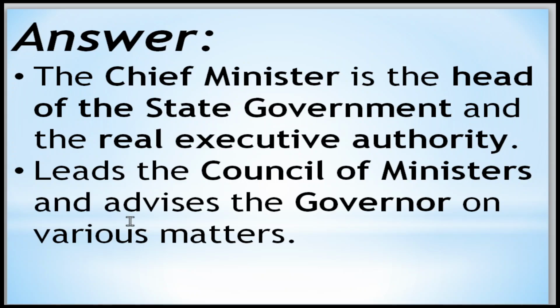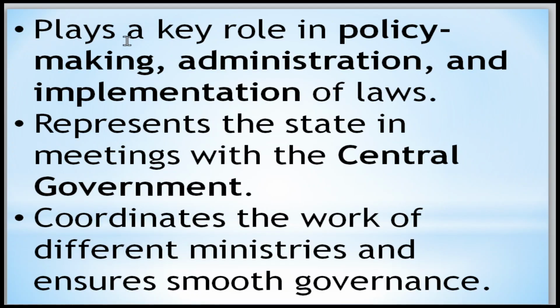On the advice of the chief minister only, the governor appoints the other ministers, and also the members and presidents of various commissions like the State Public Service Commission and the Backward Classes Commission. While appointing vice chancellors too, he appoints on the advice of the chief minister only.